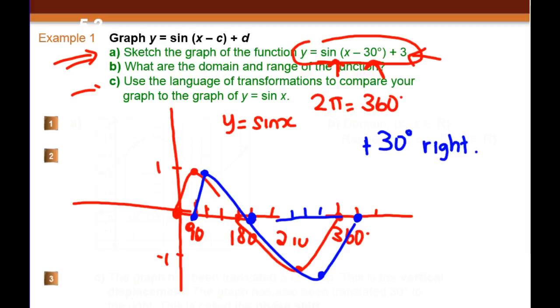Okay, and then everybody has to move up 3 also. Okay, so if this was at 0, this guy has to now be at 1, 2, 3. Okay, and this one was at 1, so he has to be at 1, 2, 3, 4, right?